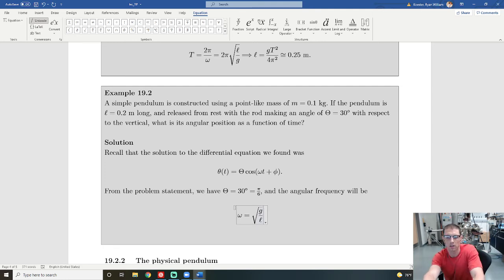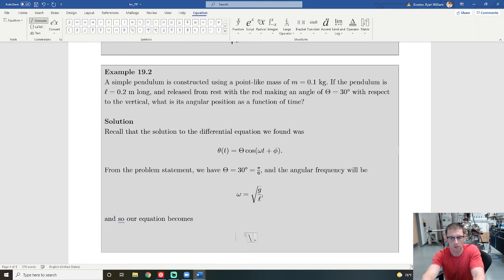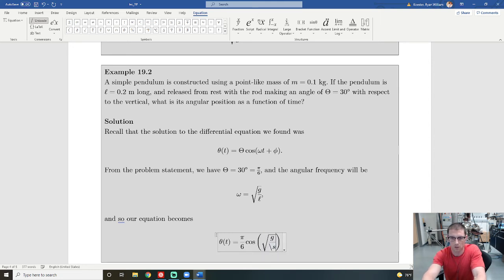And so we could write our equation now: theta of t equals pi over 6 times the cosine of the square root of g over L times t plus the phase constant, right?